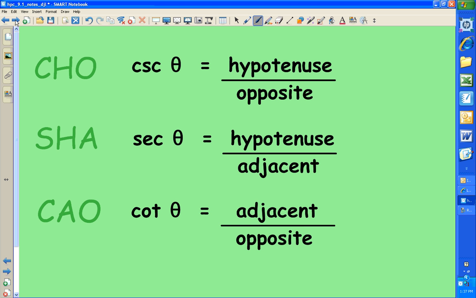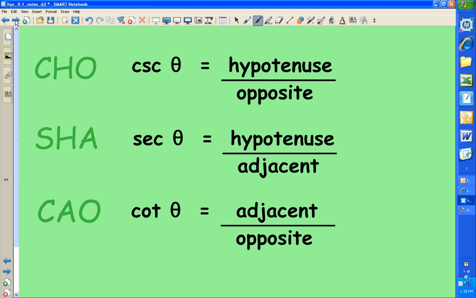Now, the little 3, like we're going to another country here. I don't know that you're going to remember that word, but really, cosecant, hypotenuse over opposite. Secant, hypotenuse over adjacent, and cotangent, adjacent over opposite. So I don't know if we're going to make a new word out of it. Probably not.